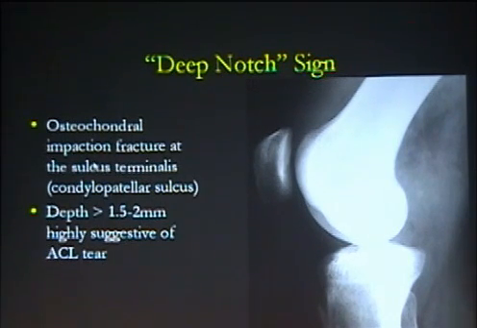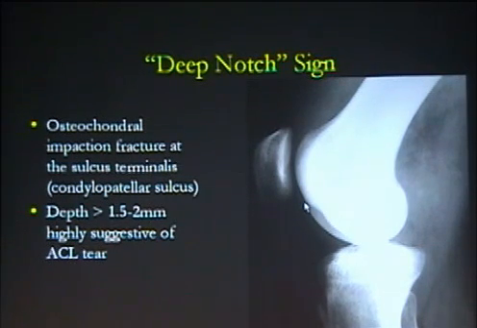This is the osteochondral impaction fracture of the sulcus terminalis, which is also known as the condylopatellar sulcus. It occurs on the lateral femoral condyle. Normally there is a sulcus here, the sulcus terminalis. It's normally less than 1 to 1.5 millimeters in depth, that is if you draw a line tangent across here and measure the depth of this.